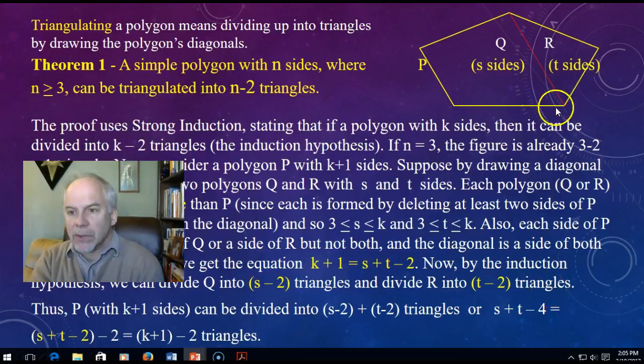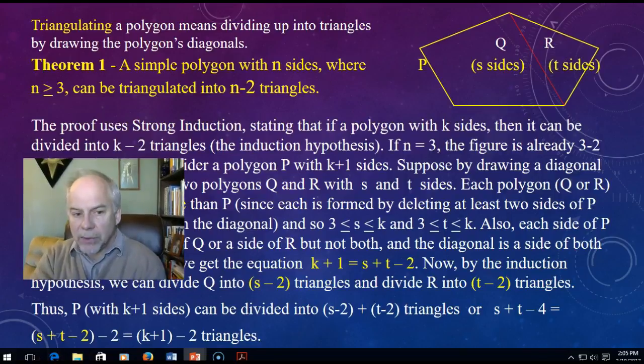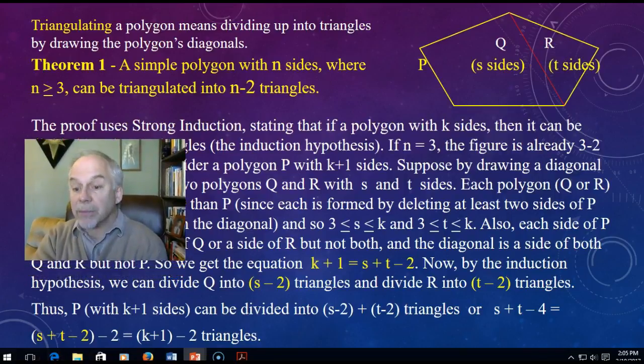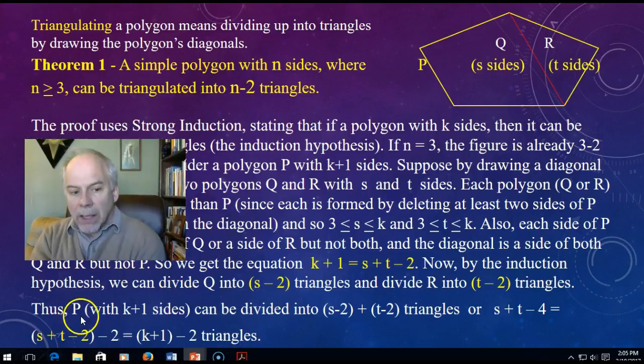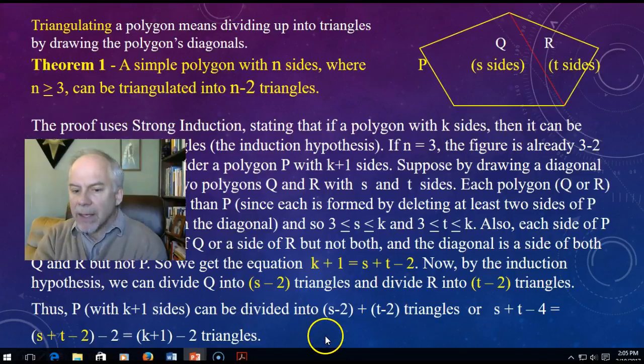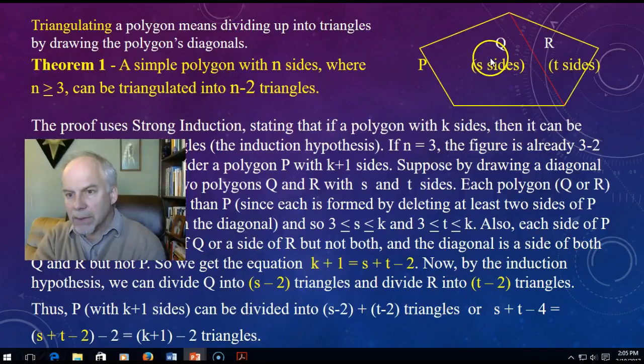All right. So that's using the induction assumption or hypothesis. Now, P with its k plus 1 sides can be divided up into the sum of those two expressions, S minus 2 plus T minus 2 triangles, because Q can be divided into S minus 2 triangles and R into T minus 2 triangles.